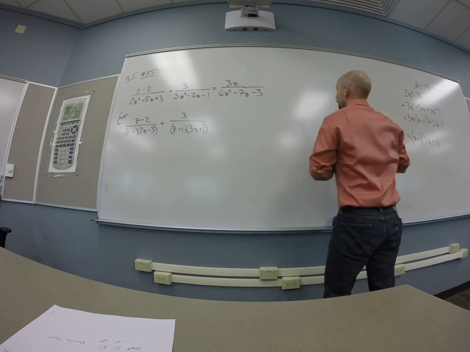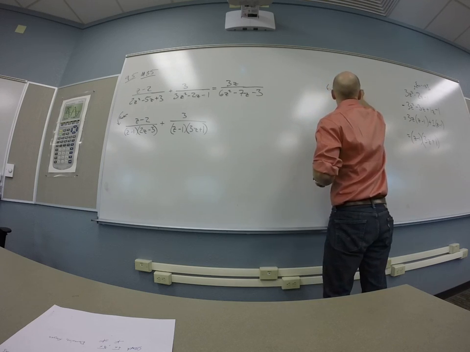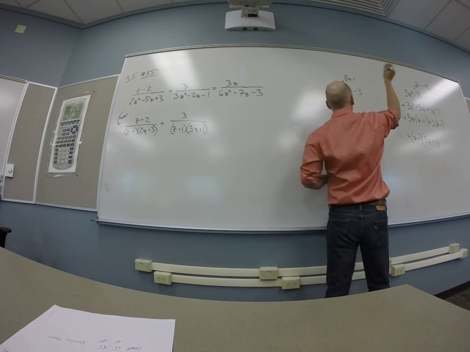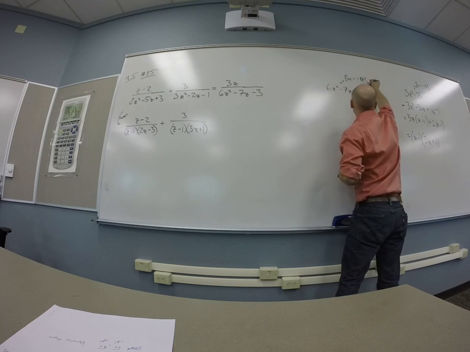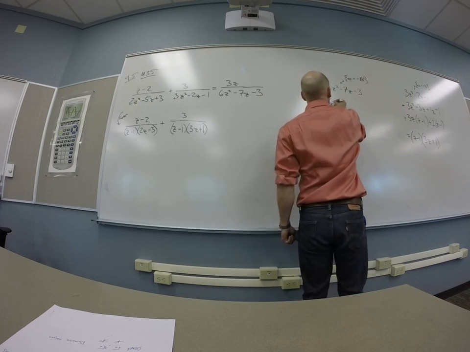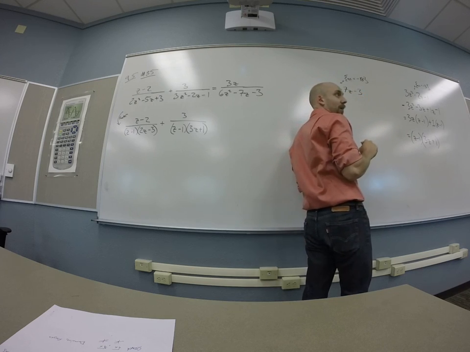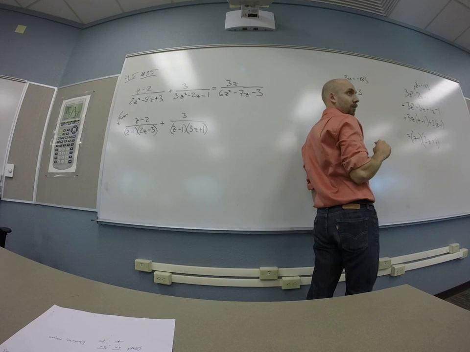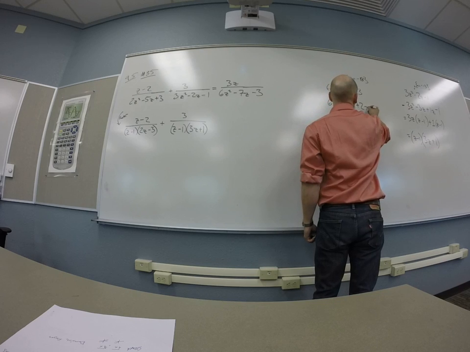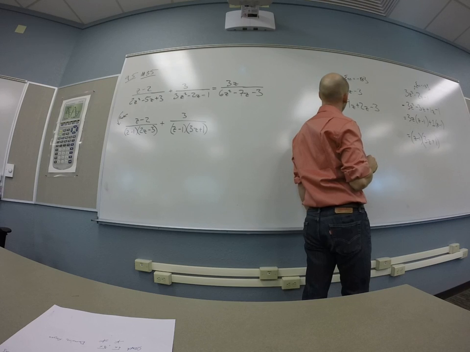The last one is 6z squared minus 7z minus 3. I look at that and I think AC is negative 18. So I need to multiply to negative 18, add to negative 7. 9 and 2. That looks like minus 9z plus 2z minus 3. Did I do this right? Yep.